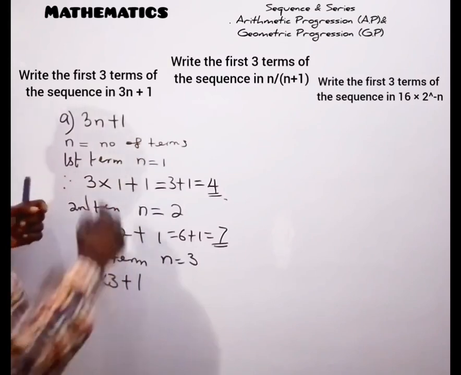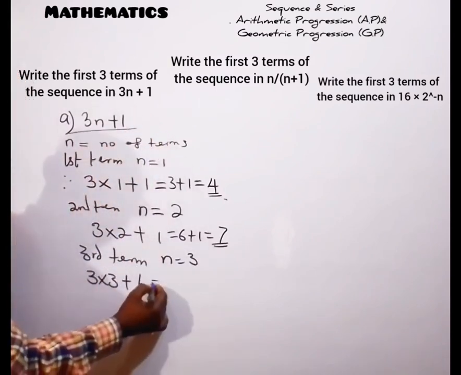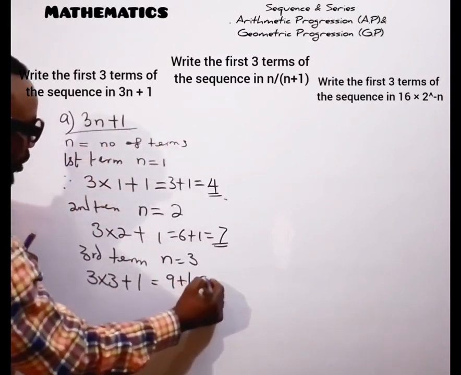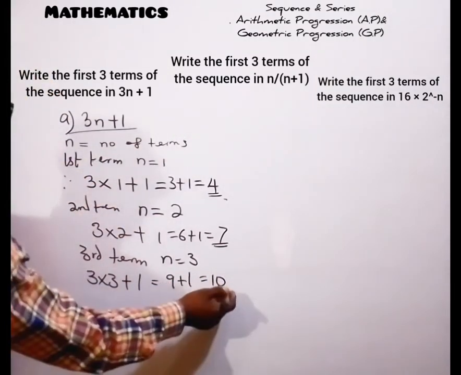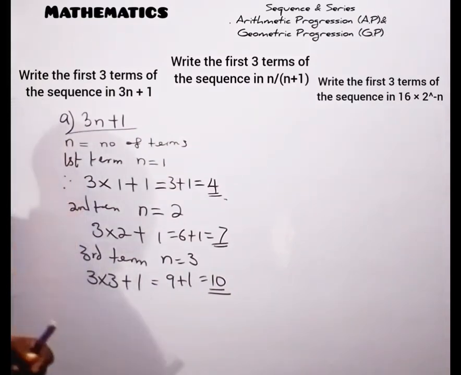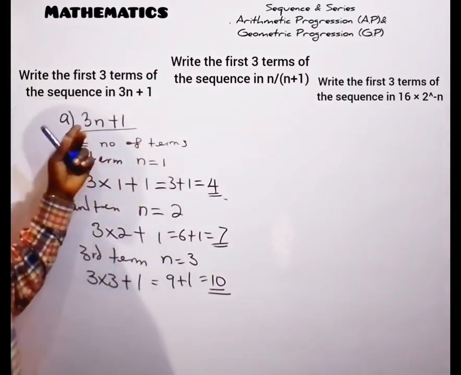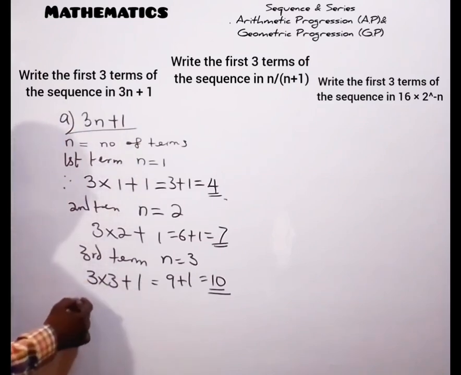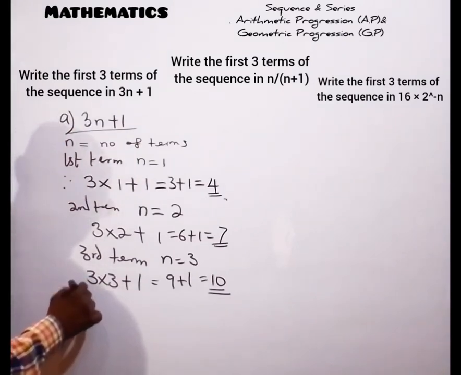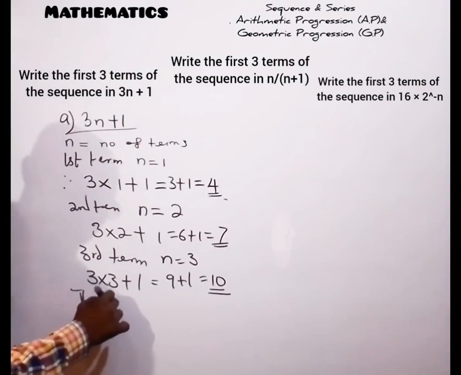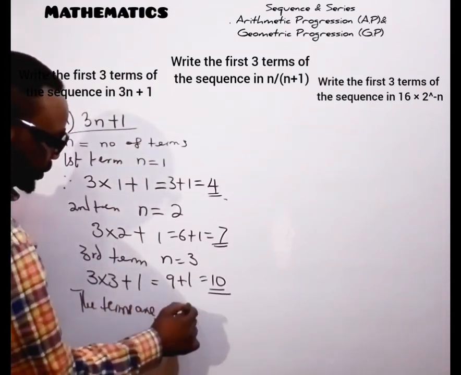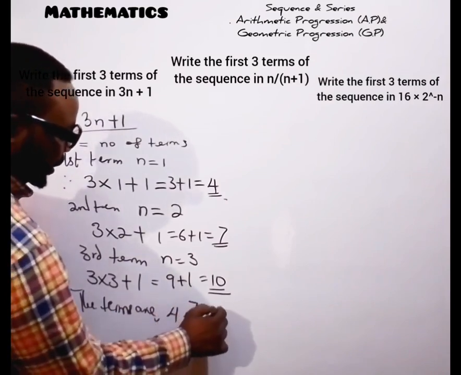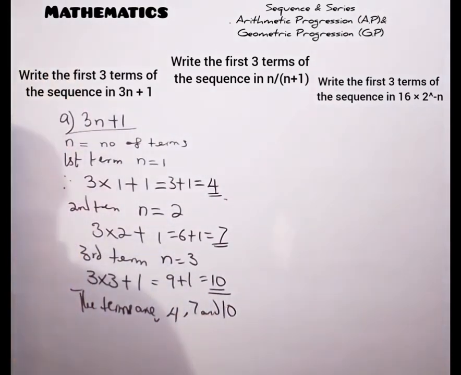That will be equal to 9 plus 1, which is equal to 10. That is the first, second, and third term for this sequence. So the terms are 4, 7, and 10. Those are the terms of the sequence that we have there.